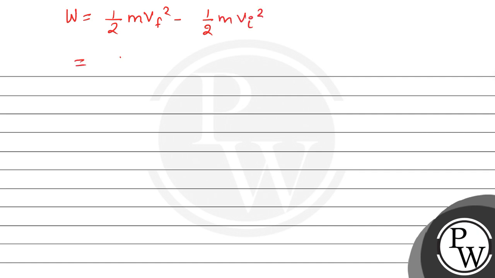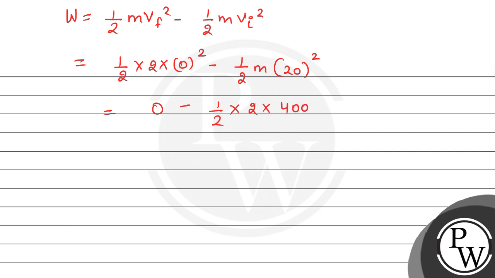Okay, so half of m, mass is 2 kg, into vf, final speed, that is 0, minus half m vi square, initial speed, that is given in the question, 20. Okay, so 20 square. So ये हमारे पास होगा 0 minus half of mass is 2 into 20, that means 400. 20 into 20, 2 is cancelled by 2, so this is equal to minus 400 joule.